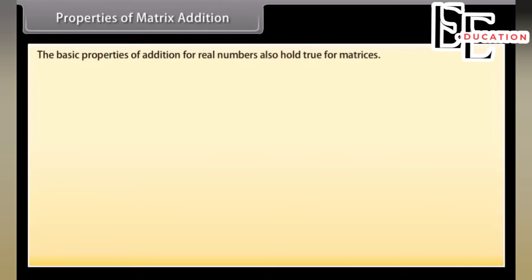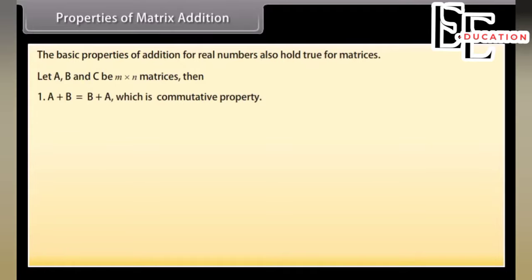Properties of matrix addition. The basic properties of addition for real numbers also hold true for matrices. Let A, B and C be m by n matrices. Then A plus B is equal to B plus A, which is the commutative property.